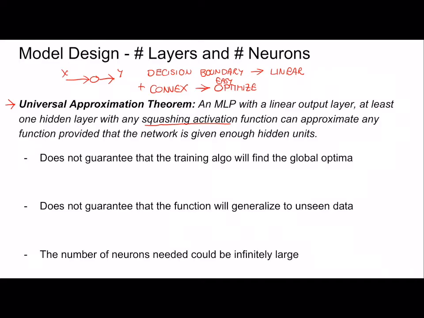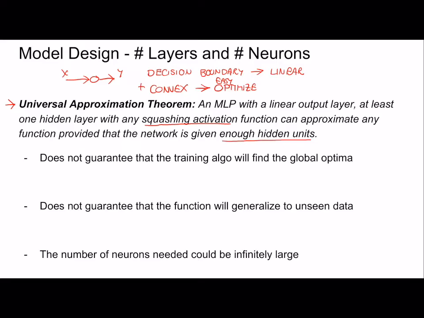So if we have one output layer and at least one hidden layer, we can approximate any function provided that we give the hidden layer enough hidden units. So this is a requirement: we need enough hidden units to be able to fit any function.